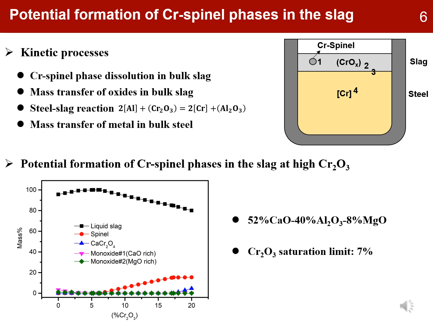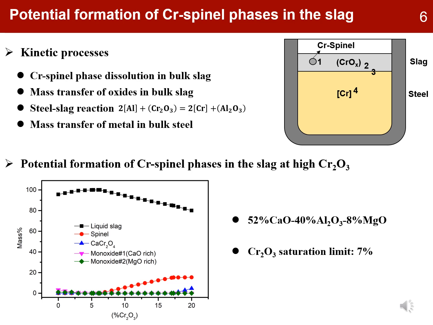One potential concern is that if you charge too much chromium oxide into the slag, it might form the chromium spinel phase, which might slow down the dissolution of the chromium oxide. This is the straightforward calculation using FactSage again.